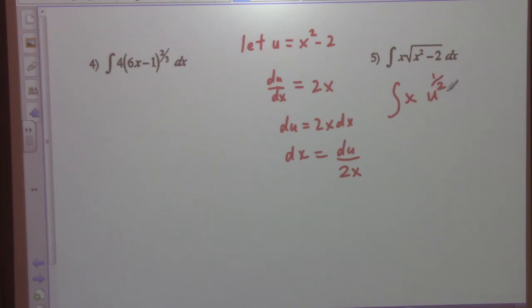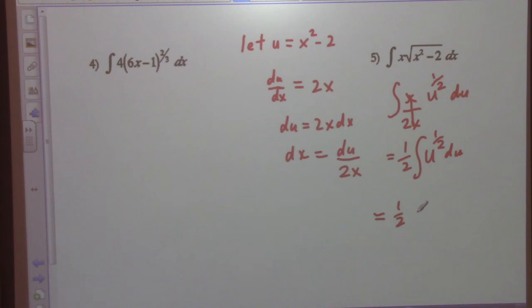And then we're dividing by, when we replace dx with du over 2x, what cancels out here? x. So now we have 1/2 integral of u to the 1/2 du.